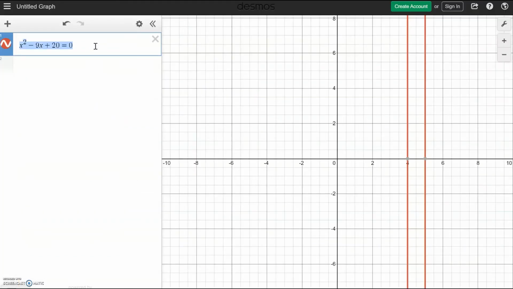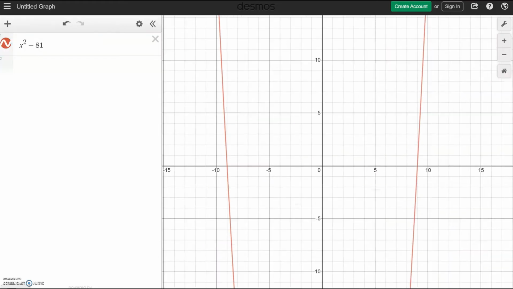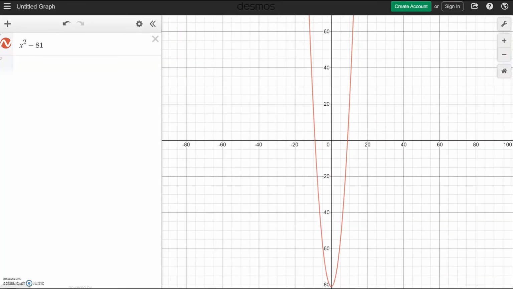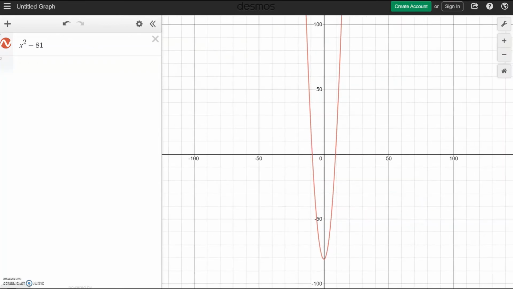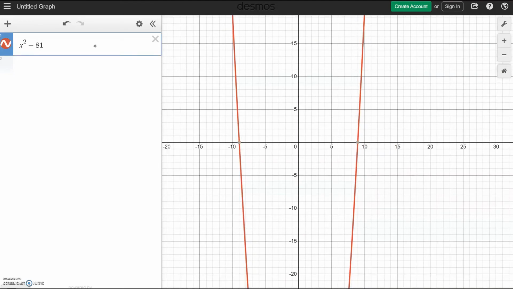We can try graphing that here to see what it looks like visually. Minus 81, there we go. So you can see here, this is a really long parabola. On one end we have (minus 9, 0), and on the other end we have (positive 9, 0).